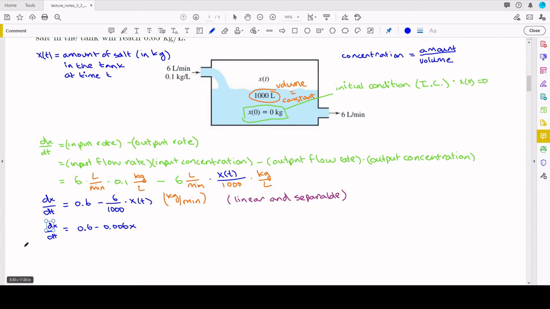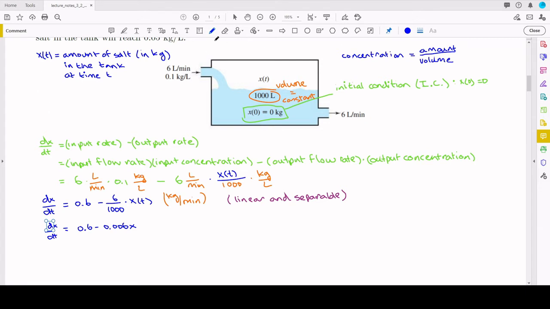And what I see is a function here that depends only on x and not on t. So I can bring that to the other side and then multiply both sides times dt to get everything with t on the other side.